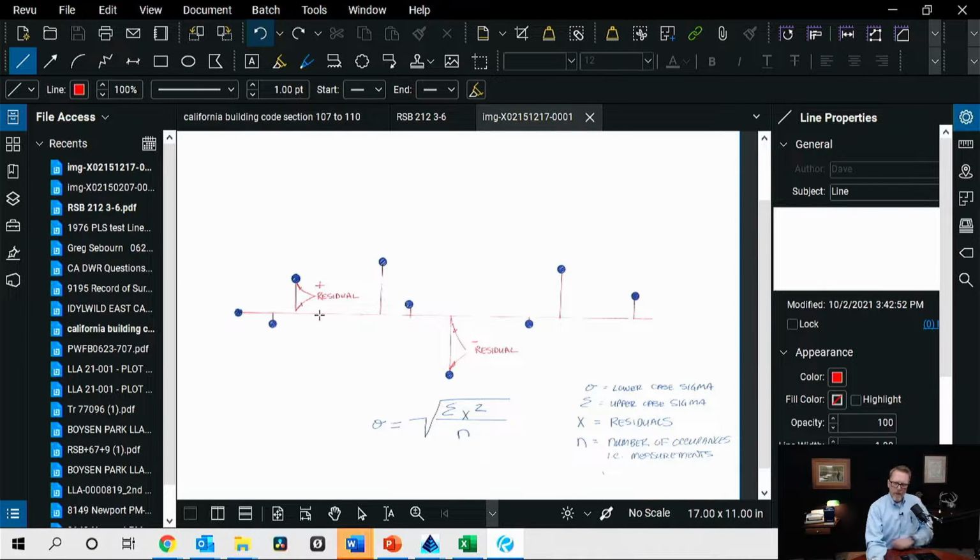So if you look at this here, and let's say that this line running through here, now I have a sum of residuals squared. And let's say that this one is negative 200ths, and this one's positive 300ths, and this one's positive 600ths, positive 300ths, negative 7/100ths, so on and so forth.